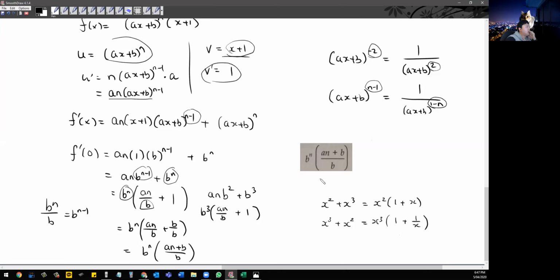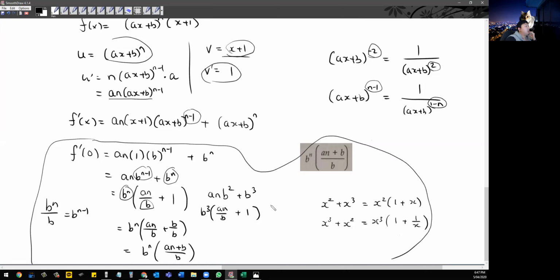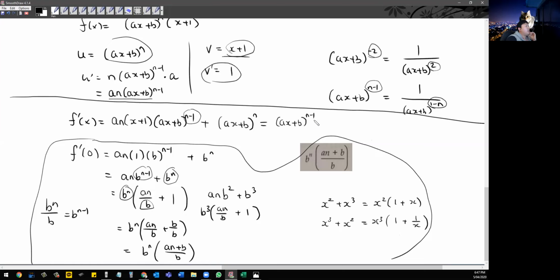Okay. I see. So now, this is recommended for people who cannot factorize this one here. So now let's factorize this one here, okay? So if you've got (a_n x plus 1) and then (ax plus b)^{n-1}, there's a choice. You can either pull out (ax plus b) to the power n minus 1. Then you get a_n x plus 1, and then you have ax plus b, you know?